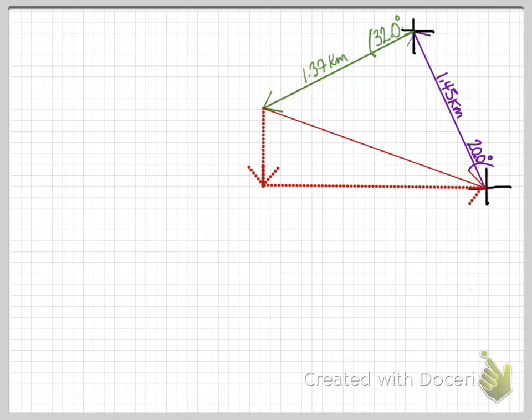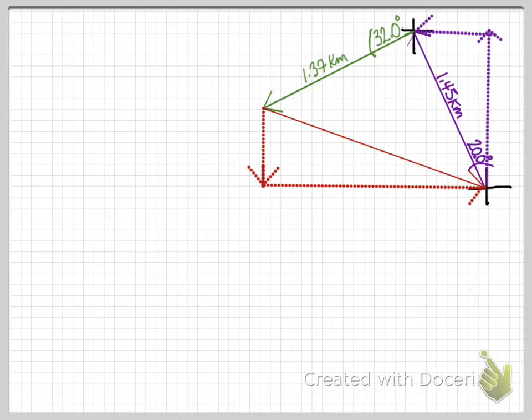So now let's look at our initial triangles to see if we can figure out where those are. So the y displacement for our first leg of our journey is there, and it's very clearly upward. And the x displacement is there, and it's very clearly westward.